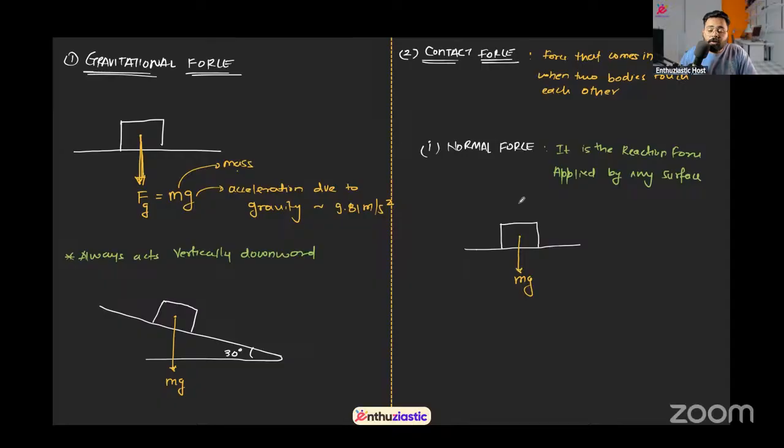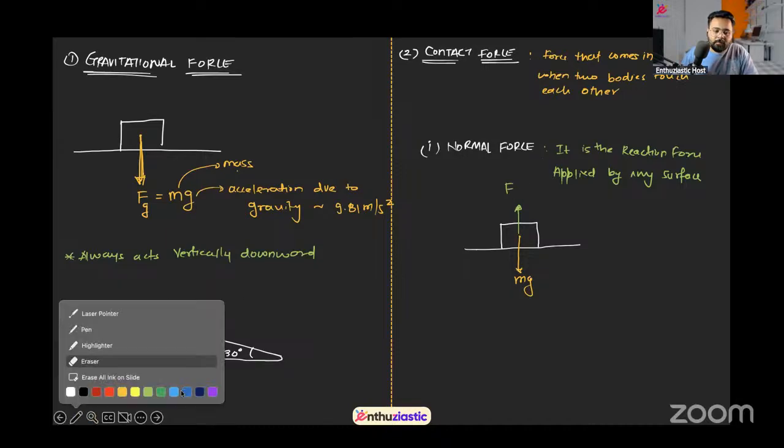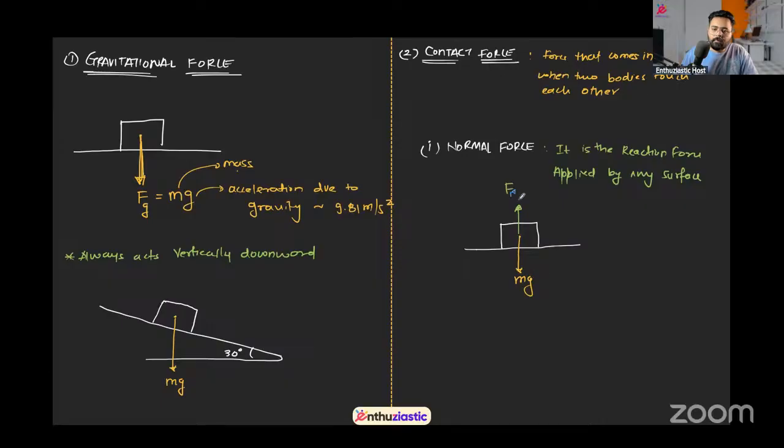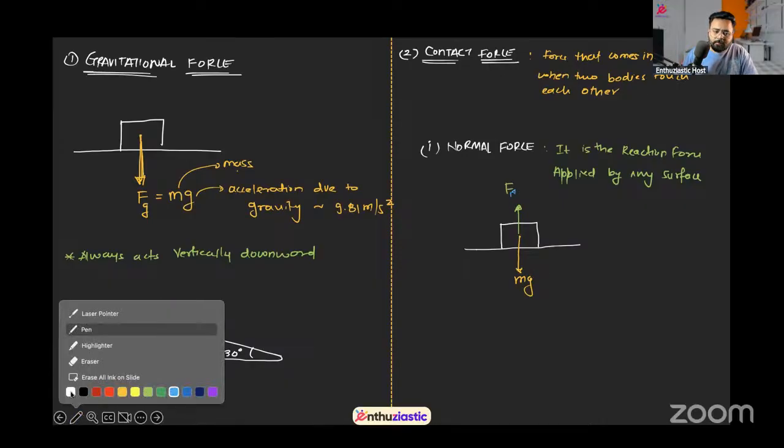According to Newton's third law, the ground will push back the mass in the upward direction. That force is called the normal force. Sometimes people write it as Fn. I usually like to write it as n, but we'll write it as Fn, representing the normal force. So Fn is your reaction force.